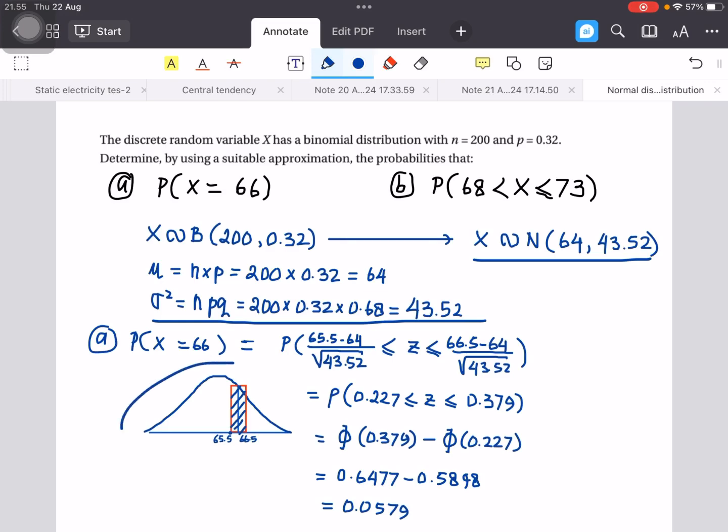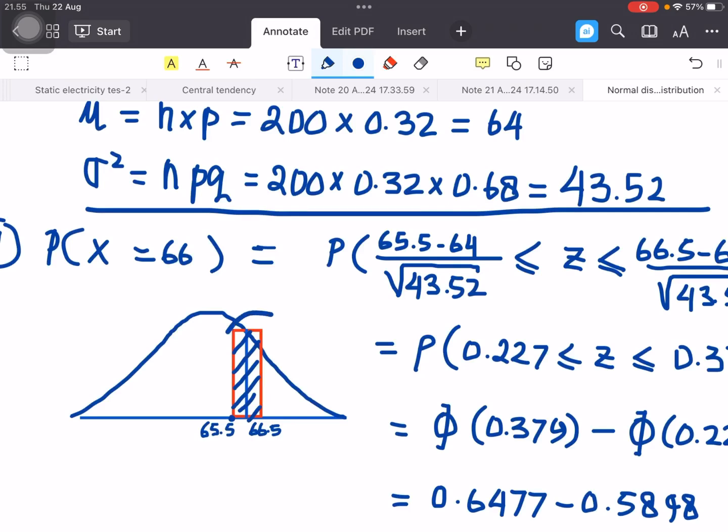So this is the diagram. This rectangle is for X equals 66. So now since we are asked to find probability X equals 66, we shade the rectangle only. So the value of X ranges from 65.5 up to 66.5.